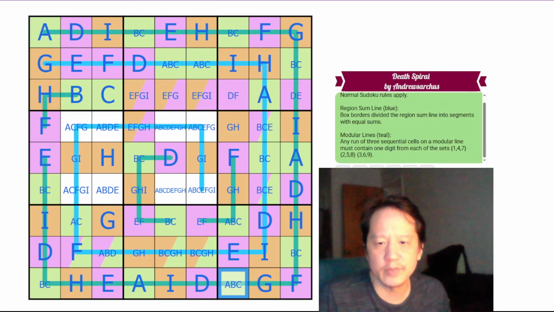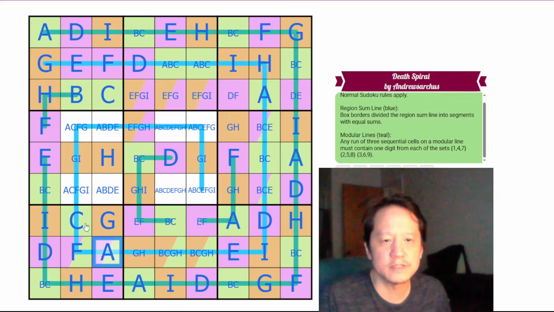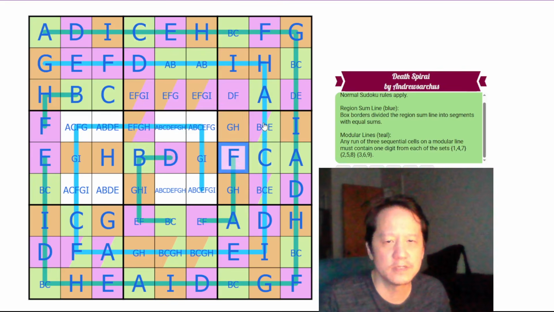That means this can't be A here, which means A has to be here. That's C. So then this would be A, C, and F. So this cannot be A, C, and D, which means this is A, B, and D, which means this can't be B, that's C, which makes that B, which makes that C.